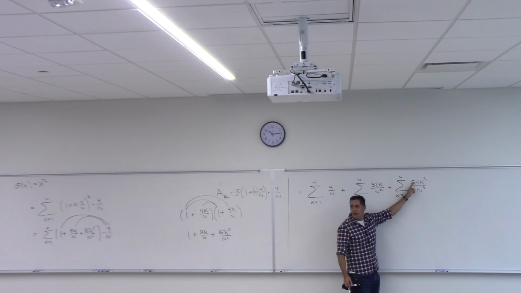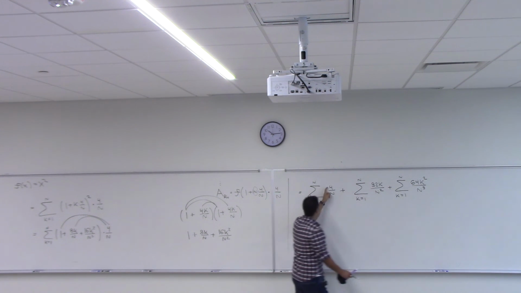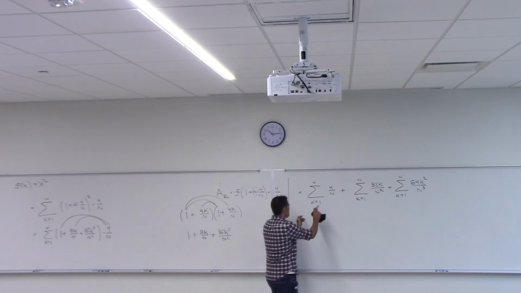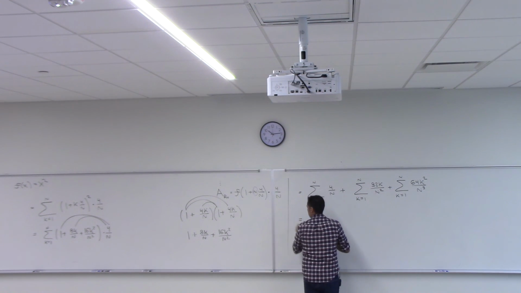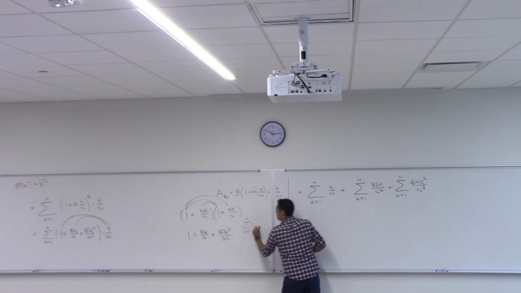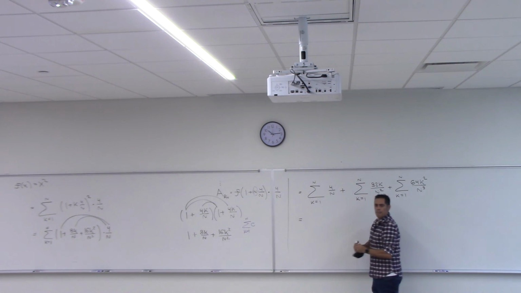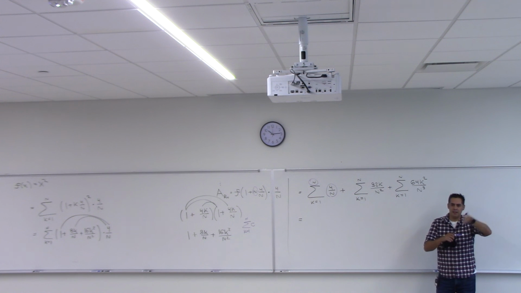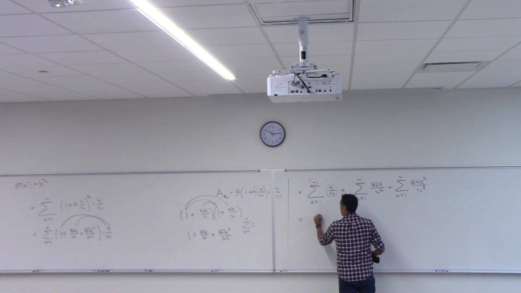The 64 is a constant, the n cubed is a constant. The 4 over n is a constant. So on this first sum, I'm going to use this property: sum k equals 1 to n of a constant. What was the answer to that? Constant times n. So what's this times that? 4, right? The n's cancel. So that's just a 4.